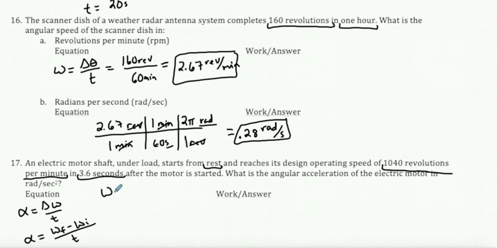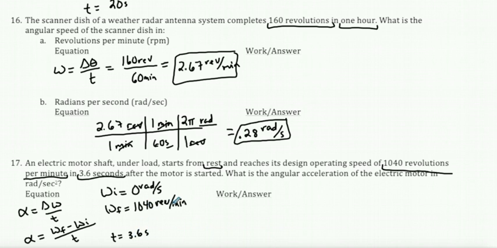Initially, we're starting from rest, so that's 0 radians per second. The final angular velocity is 1,040 revolutions per minute, so we're going to have to change that. Our time is 3.6 seconds.